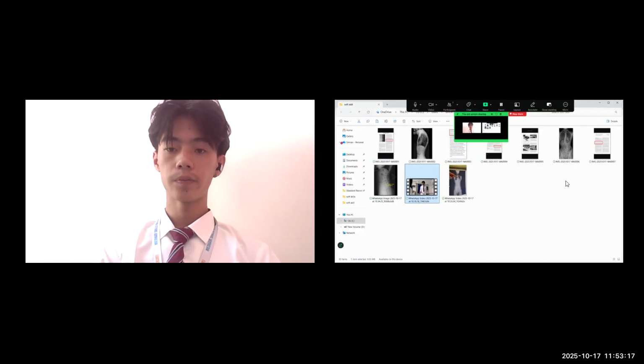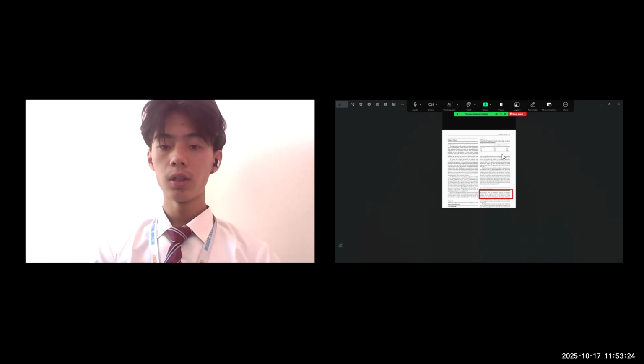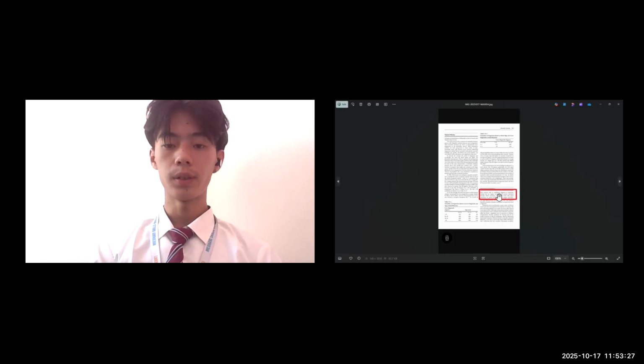Now we'll be referring to the research paper published in the book Human Spinal Deformities. What this research is really about is that only 7% of the patients suffering from scoliosis actually need surgical treatment, because more than 93% of patients could be healed by exercises and with the help of physiotherapy.